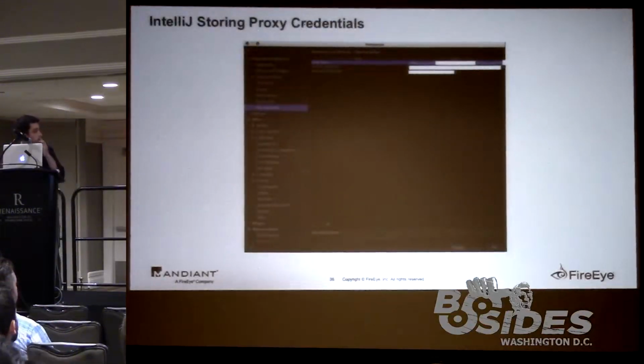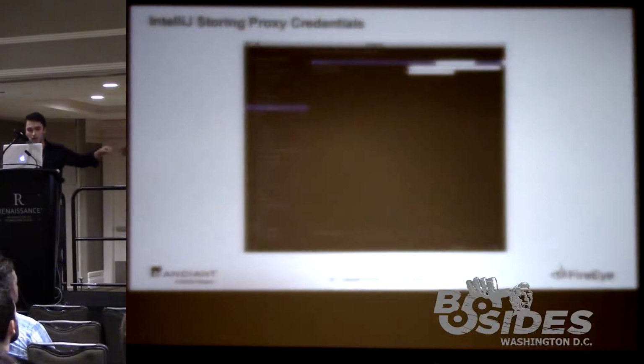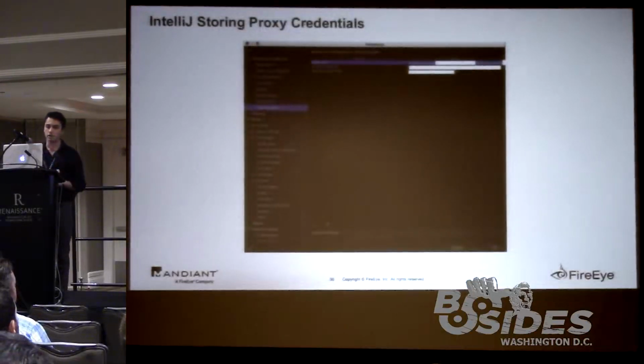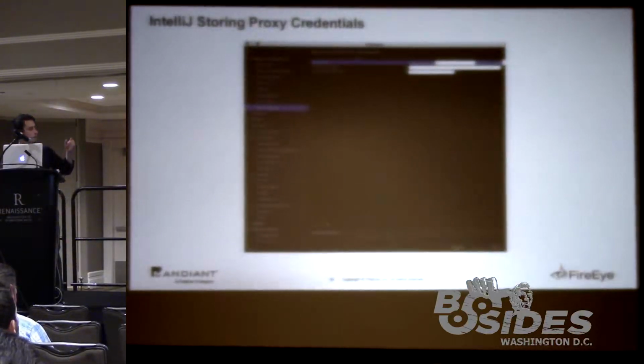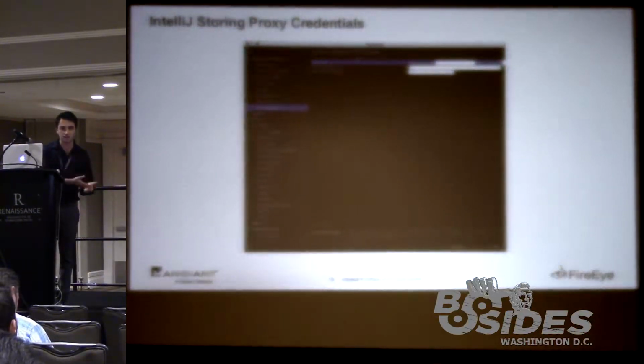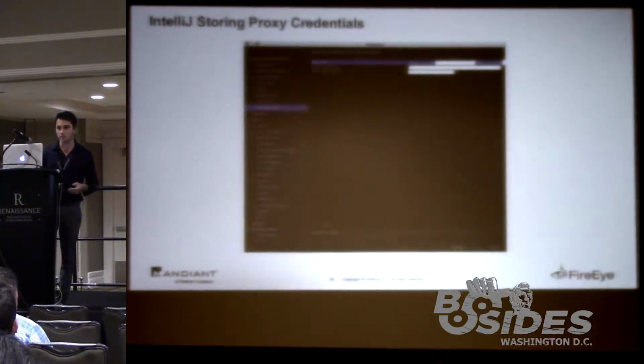This is a really bad screenshot in hindsight, but you can see this is IntelliJ, and there's a Java ops variable right there. That variable is where the user would put in the username and password for the proxy they're trying to get out of. So if there's an IDE on the system that you're targeting, then you can look there for a credential for the proxy, essentially.